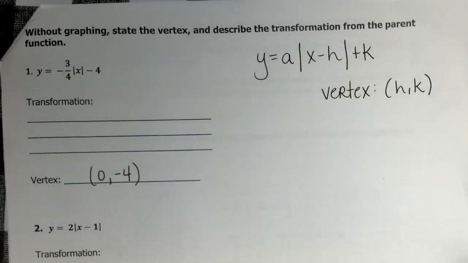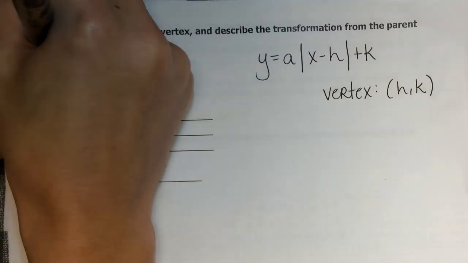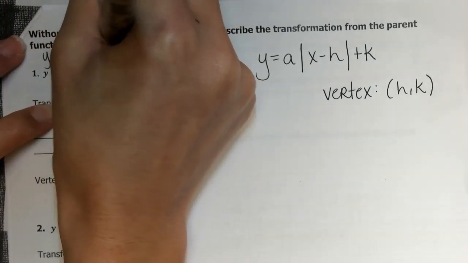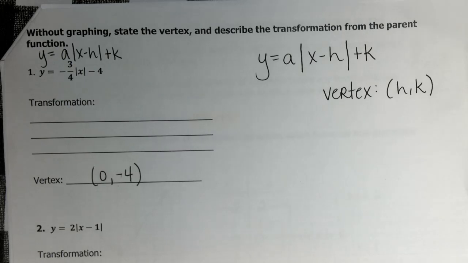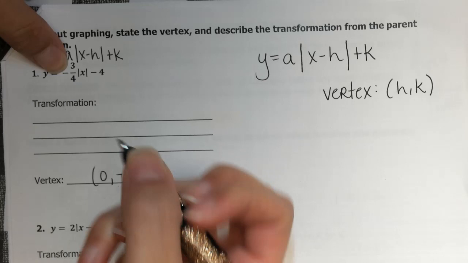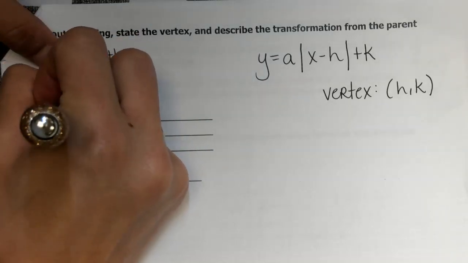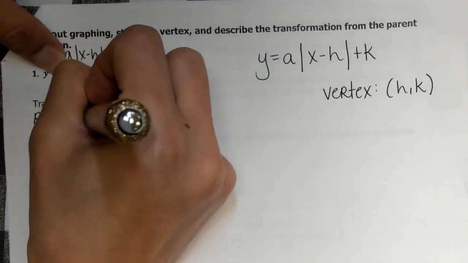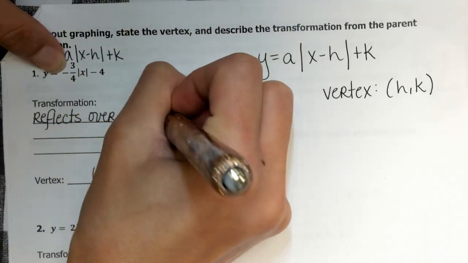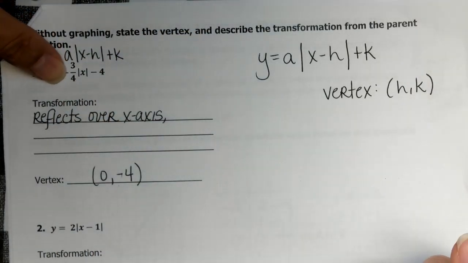If you have trouble with this, it might help you write your y equals a absolute value of x minus h plus k right above it so you can see vertically it lined up to see what goes where, if you need to do that. Okay? So, with my transformations, I have a negative. That negative tells me it reflects over the x-axis. Then I'm done with it.